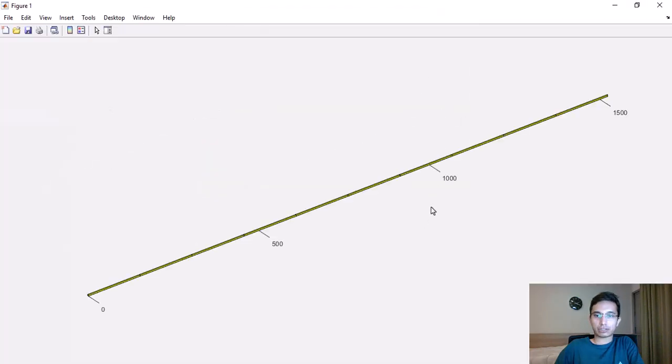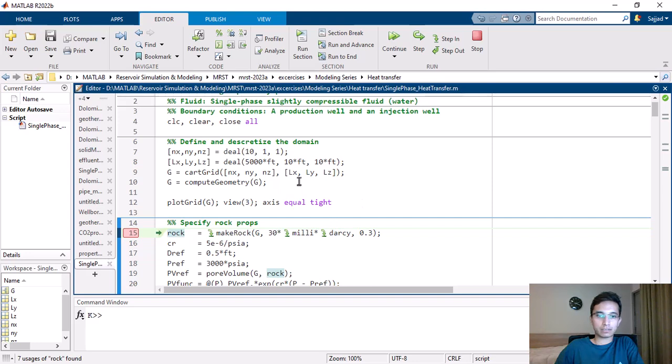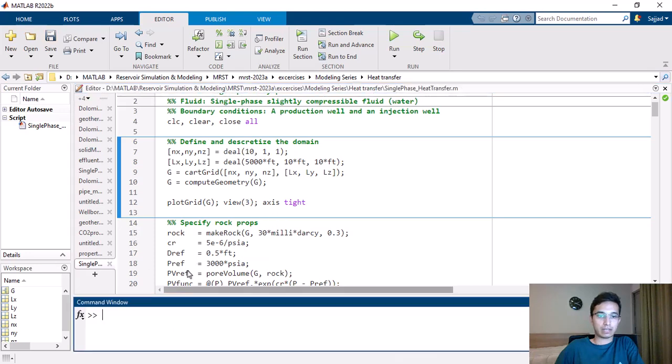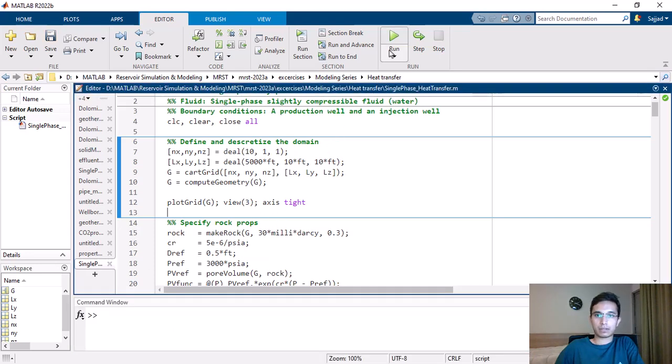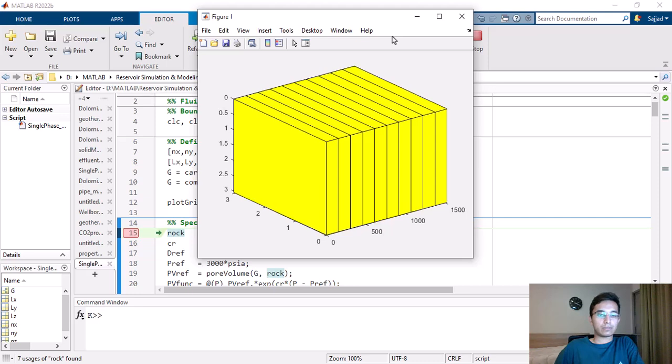So this is actually the actual sizes of the domain, but as you see, we cannot easily see the grid cells. So I sometimes remove this to easily see the grid cells and the colors on them very easily, particularly when we want to see the pressure profile, the pressure data, and the temperature data on the grid cells.